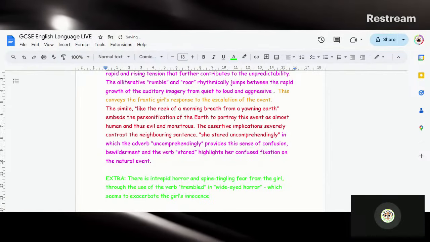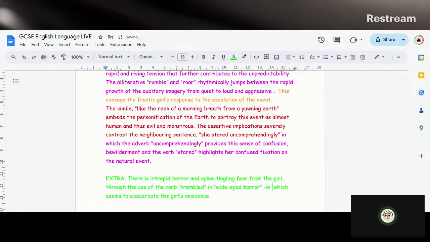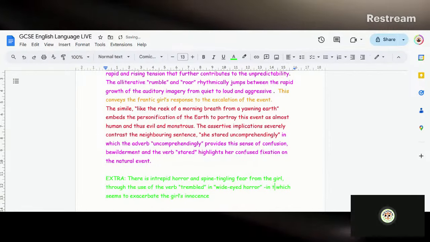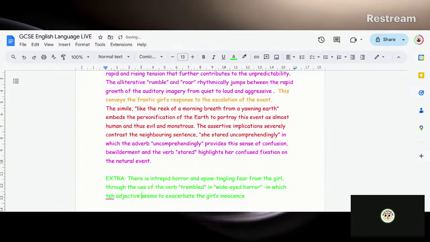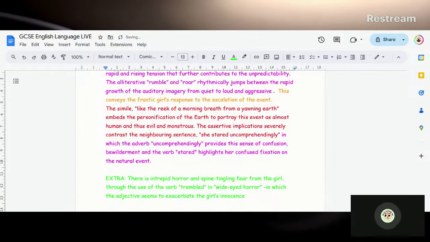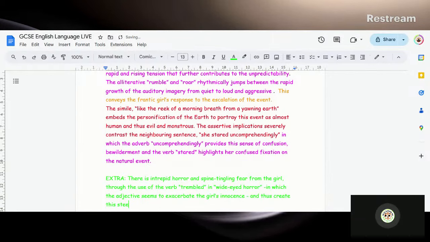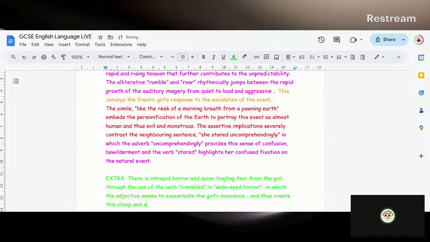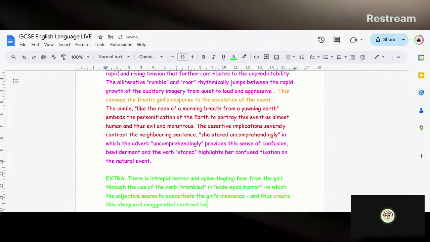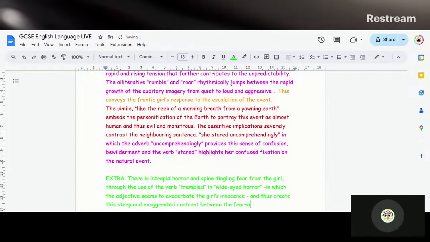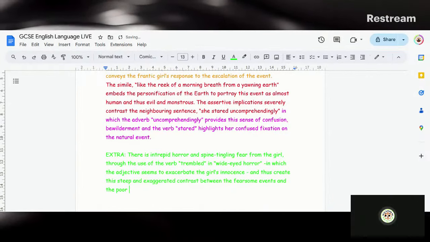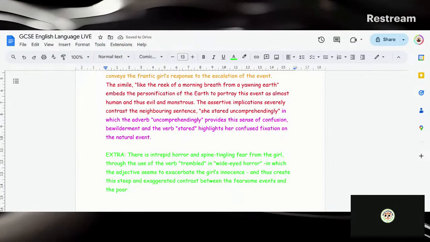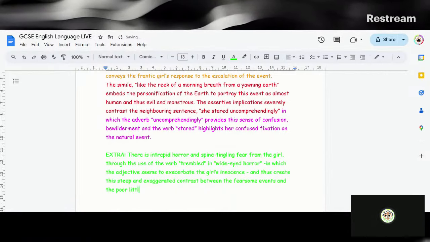So we can say in which the adjective wide-eyed seems to exacerbate the girl's innocence and thus create this steep and exaggerated contrast between the fearsome events and the poor little girl, I can say.